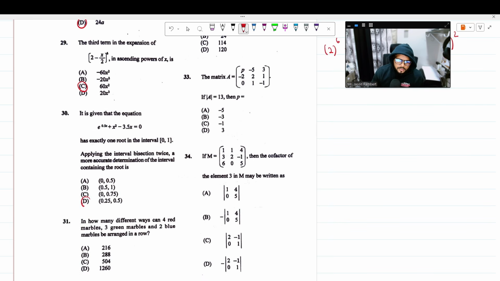30 is a repeat. How many different ways can 4 red marbles, 3 green marbles, and 2 blue marbles be arranged in a row? 4, 5, 6, 7, 8, 9. 9 factorial?